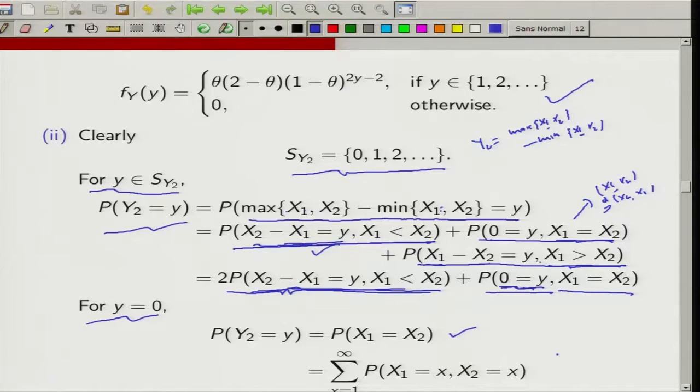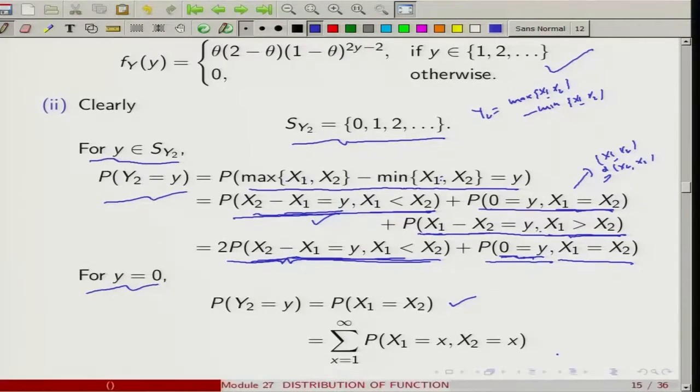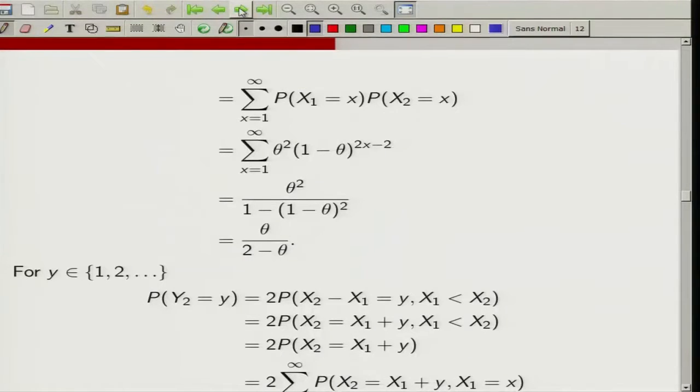Now, probability x1 is equal to x2 is same as summing the PMF over the desired range. So, summation x equal to 1 to infinity, probability x1 is equal to x, x2 is equal to x. Now, I know probability x1 is equal to x and x2 is equal to x. Because of independence, this would be same as probability x1 is equal to x multiplied by probability x2 is equal to x.